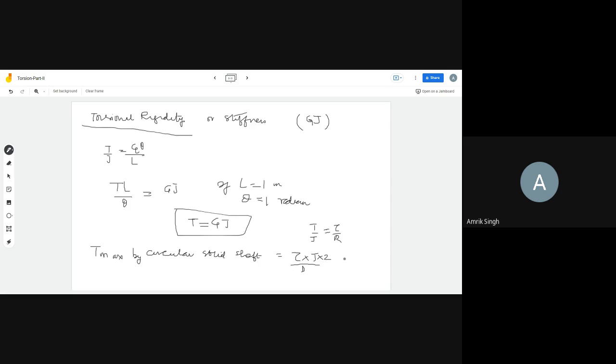Put the value of J we have just calculated, J equal to pi by 32 d to the power 4. So T max, the maximum torque which a solid shaft can transmit, is given by pi by 16 tau max into d cubed.